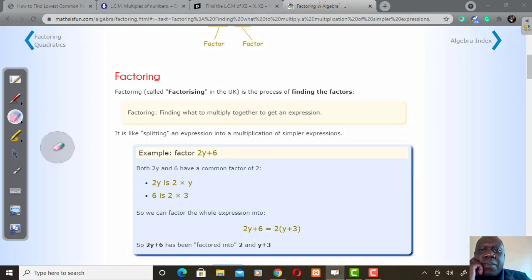For example, when you talk about such an expression as 2y plus 6, both 2y and 6 have a common factor of 2, because factorizing simply means splitting an expression into a multiplication of simpler expressions. So both 2y and 6 have a common factor of 2.